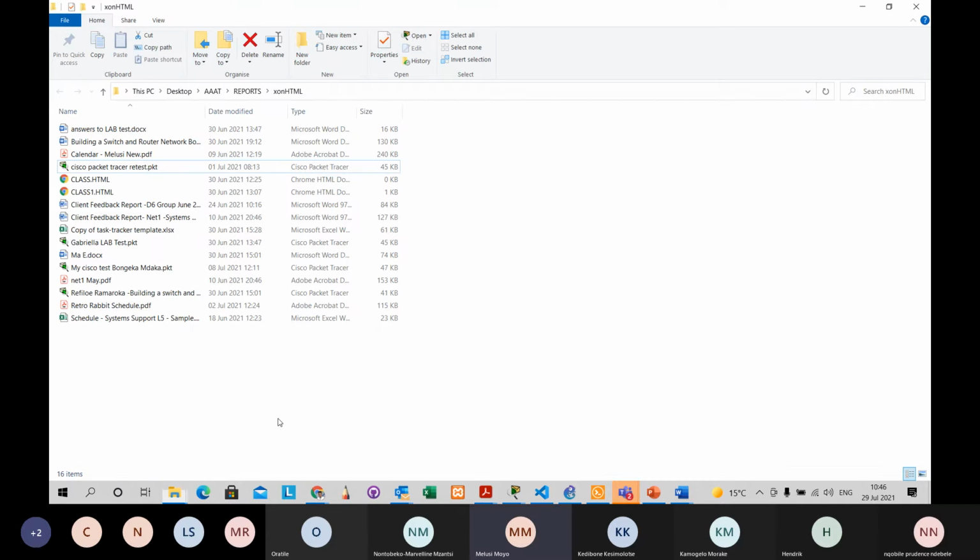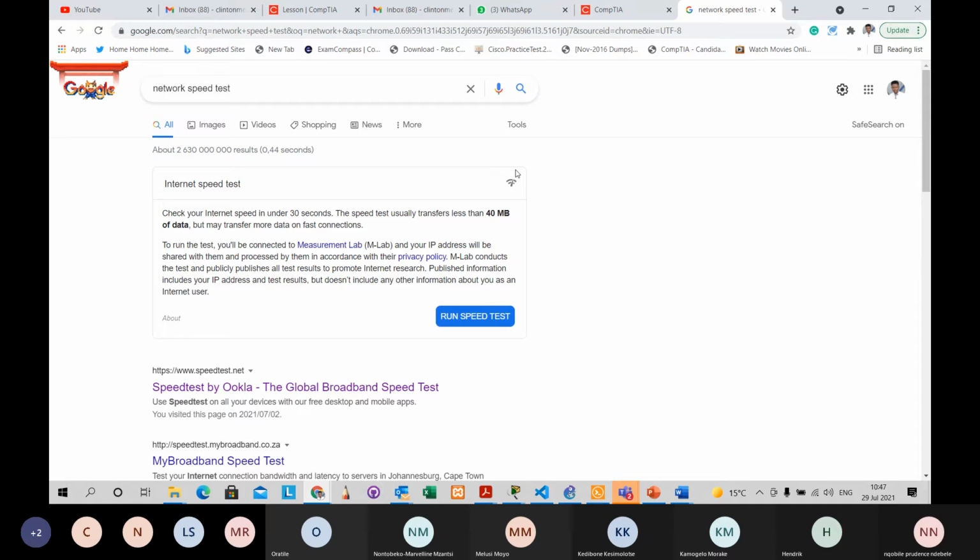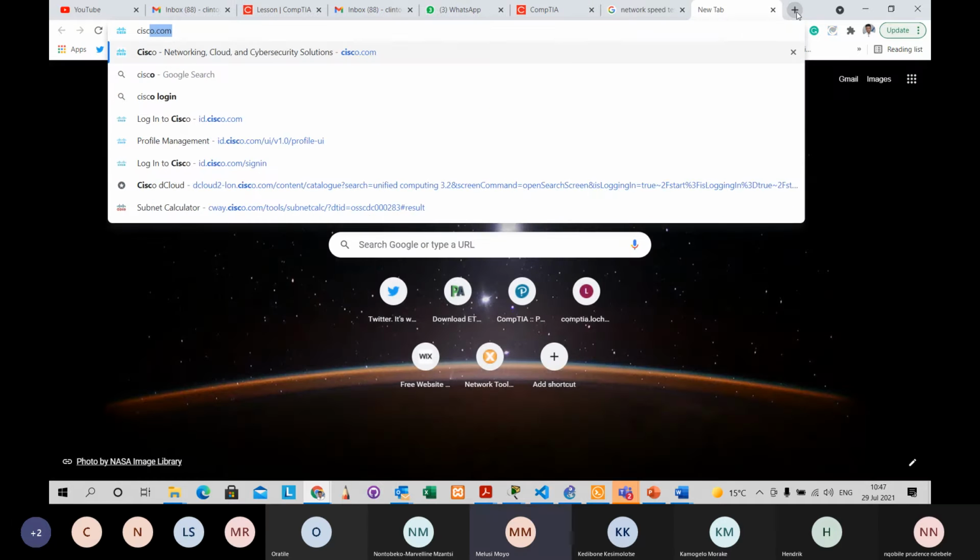Come on, where is it? I can't find it, man. I had this somewhere. I don't have it backed up. Packet Tracer. I have to download it from Edge Academy.